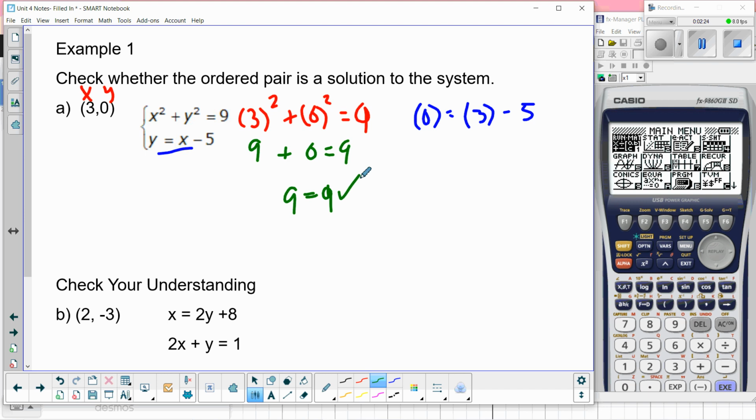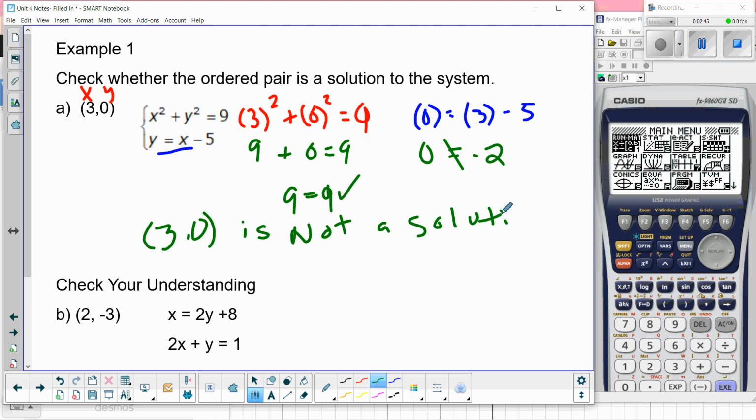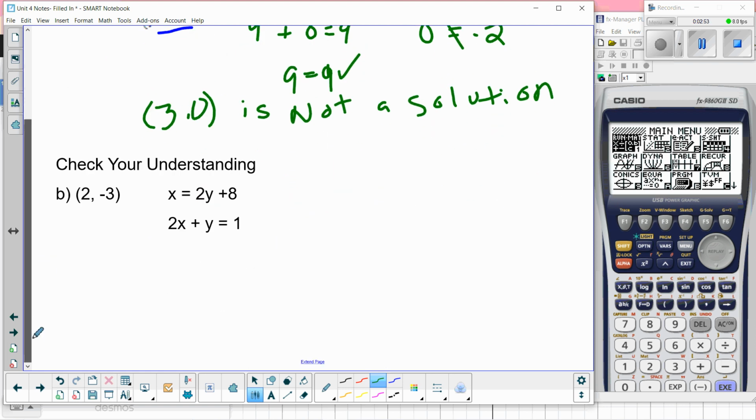Now for our other one, 0 equals 3 minus 5, which is negative 2. That's not true. So (3, 0) is not a solution, and that's because it didn't make both equations true. The left side didn't equal the right side for both of our equations. So try B.